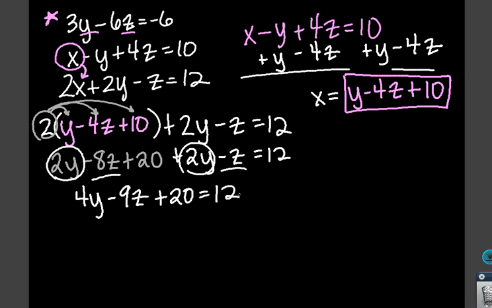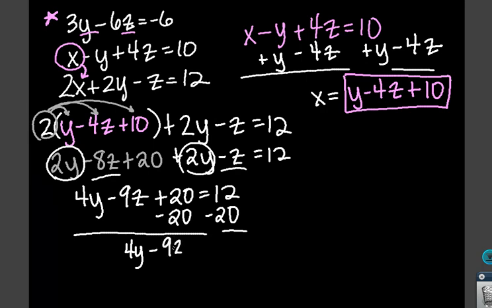And now if I want all the constants to be on the right side of the equation, what do I do? Subtract 20 from both sides. What does that leave me? 4y minus 9z equals what? Negative 8.